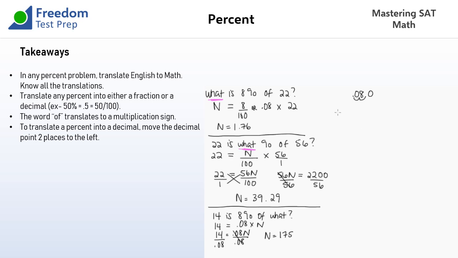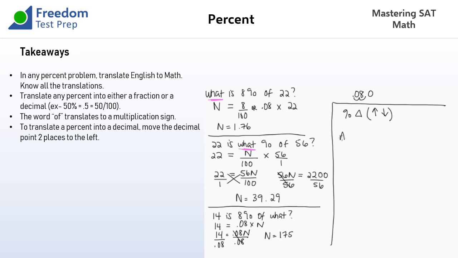There's one other thing I want to talk about that comes in handy. All right, it is called percent change. Now this change, so this is a delta and it represents the word change. It can be an increase or a decrease. So you might see it as what is the percent increase or what is the percent decrease. And I'll give you an example.